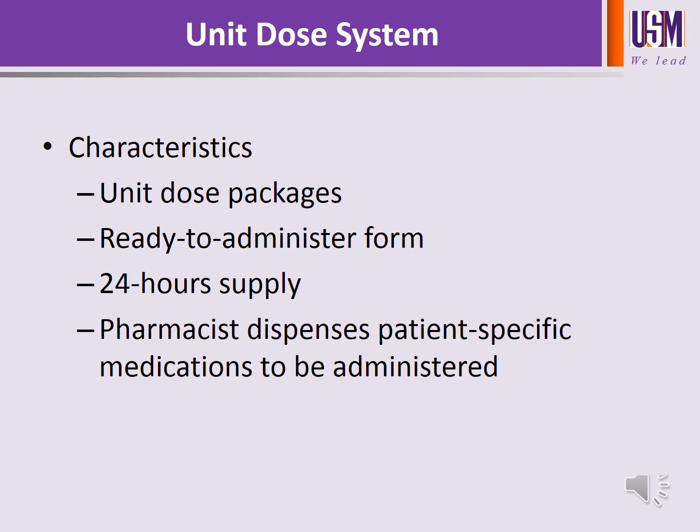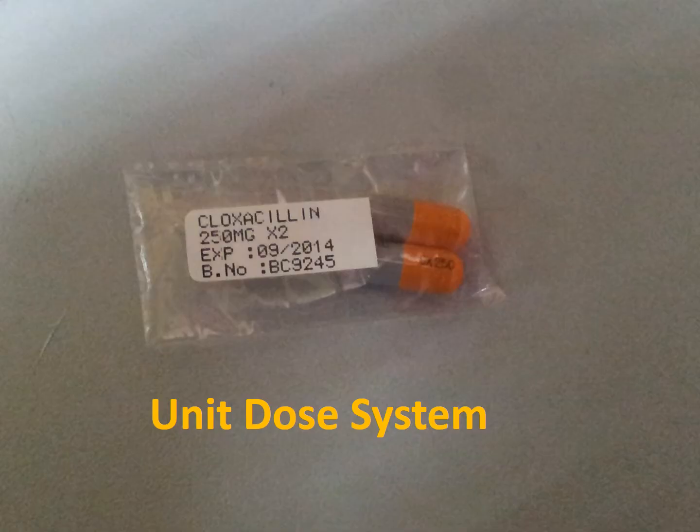The pharmacist dispenses patient-specific medications to be administered, not prepared by the nurses anymore. This is an example of unit dose system. Here you can see that 2 capsules of cloxacillin of each 250 mg were packed together in a unit dose package. It is ready to administer at the moment.